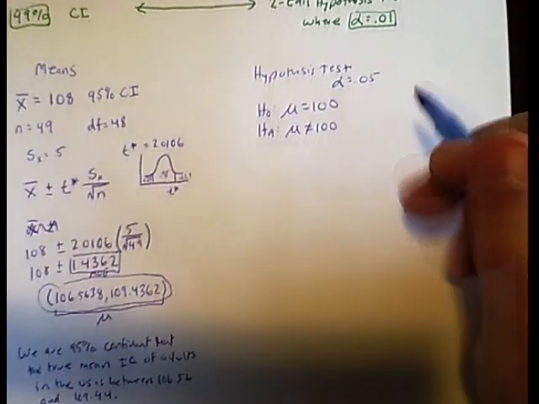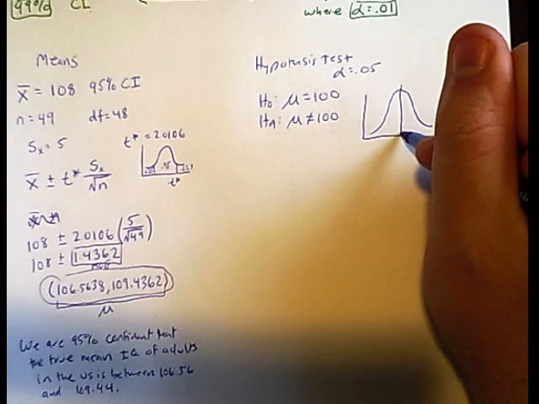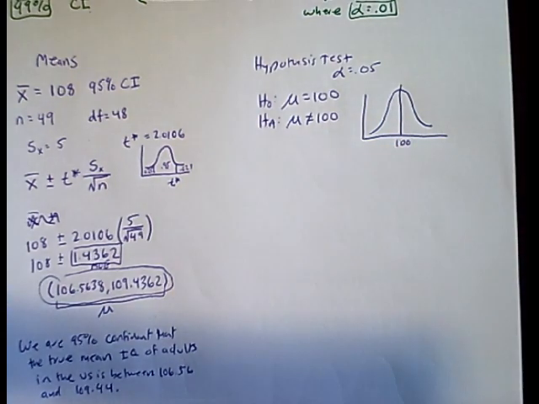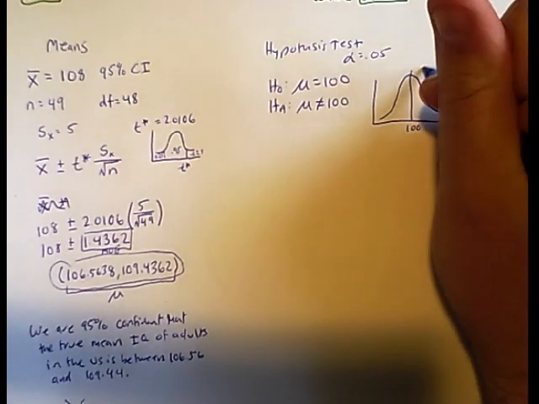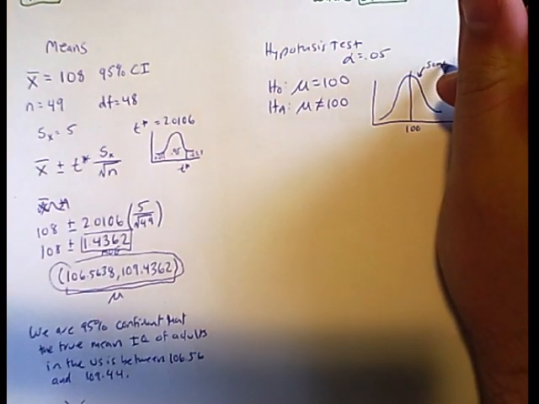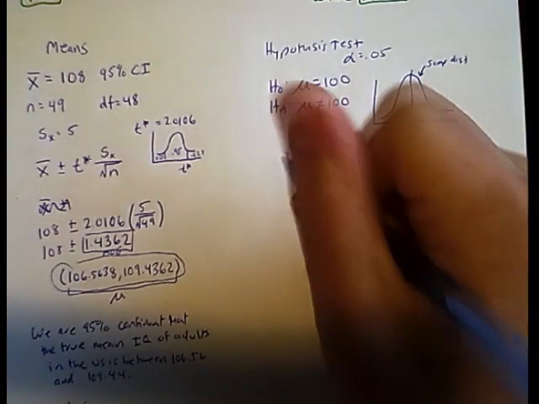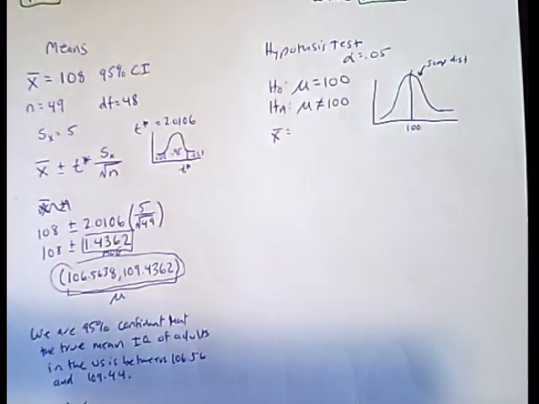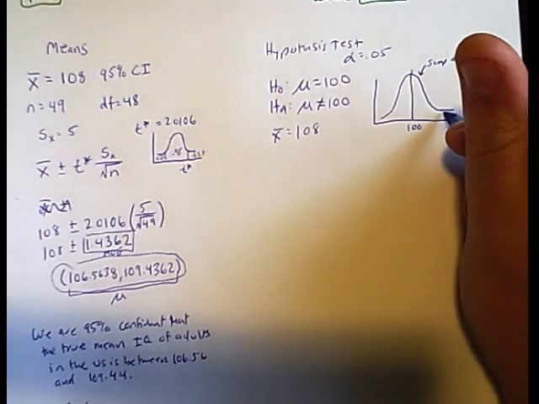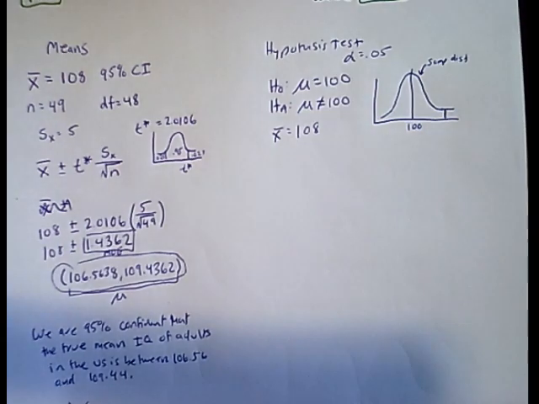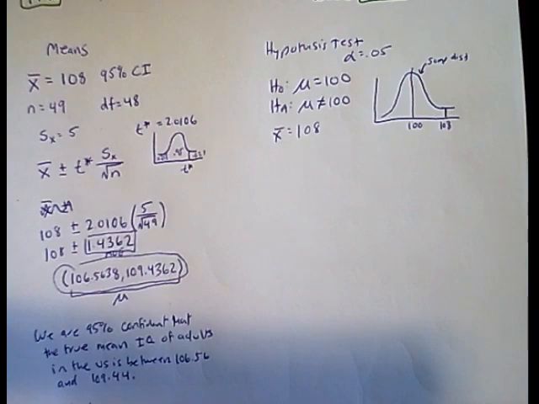Okay, so what we do is we assume that 100 is right down the center. And remember that this normal curve is the sampling distribution. Okay. Now, what was our actual x bar? What was our sample mean? It was 108, which puts it way over here, puts it to the right.